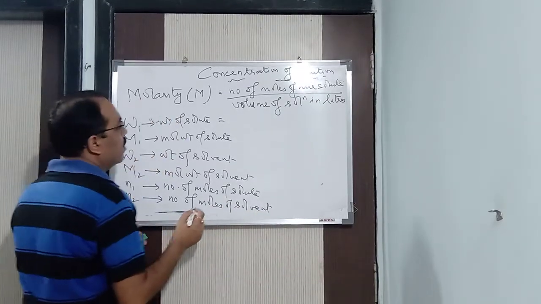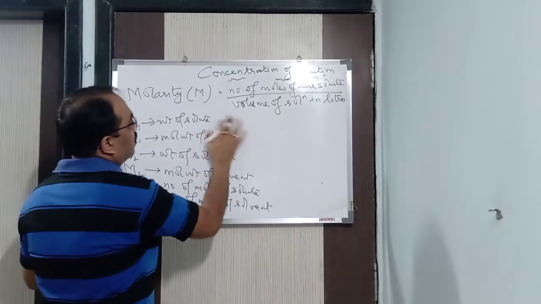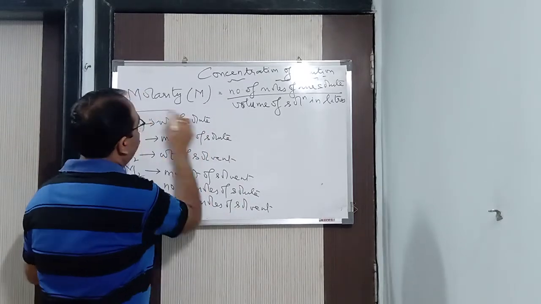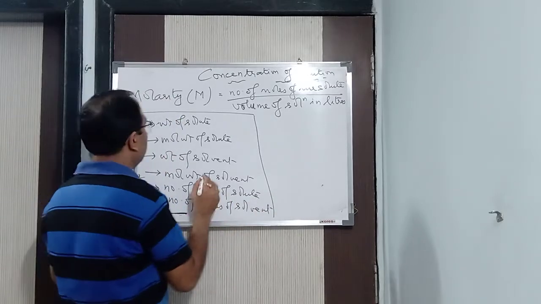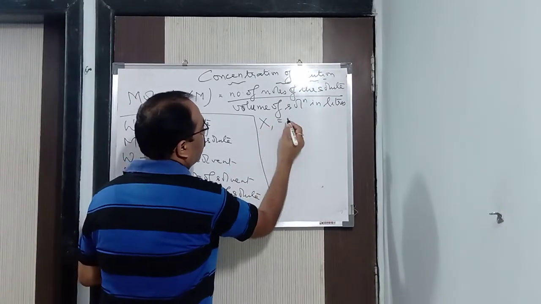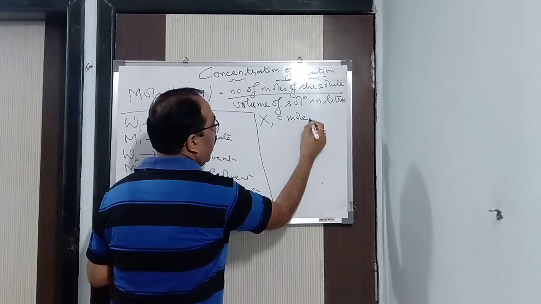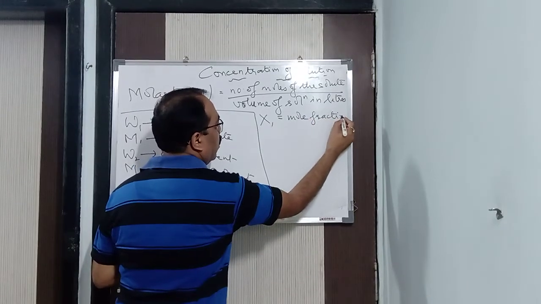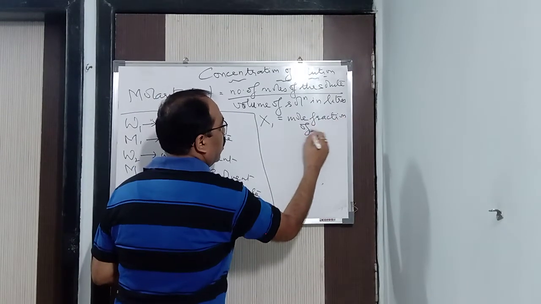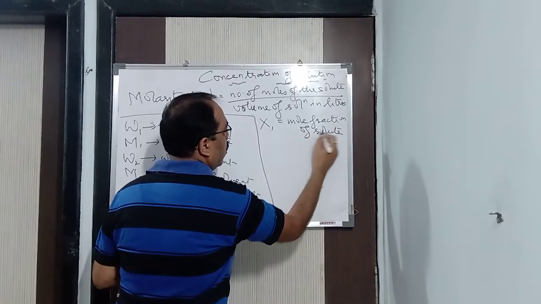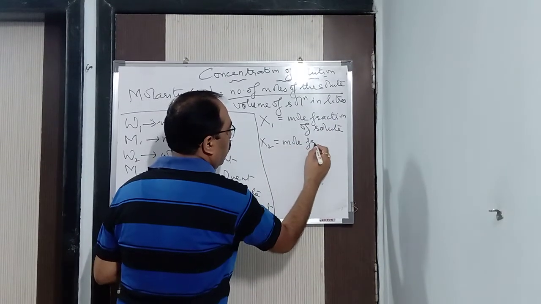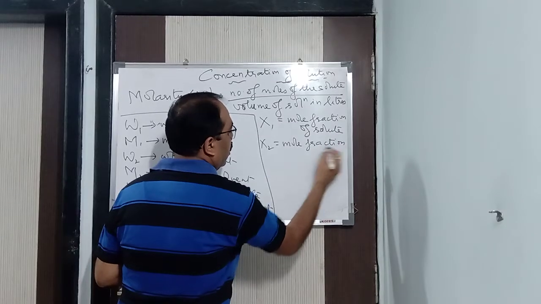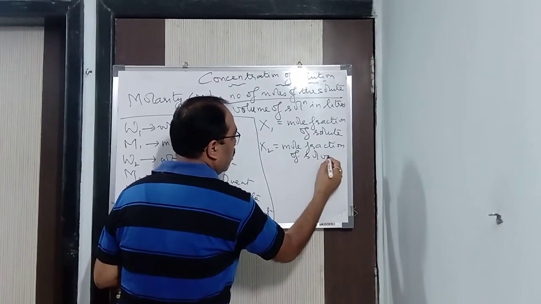solvent. Similarly, let me write down the symbols first, then after that I am going to complete the formula. Okay, next is capital X1, mole fraction of solute, and capital X2, mole fraction of solvent.